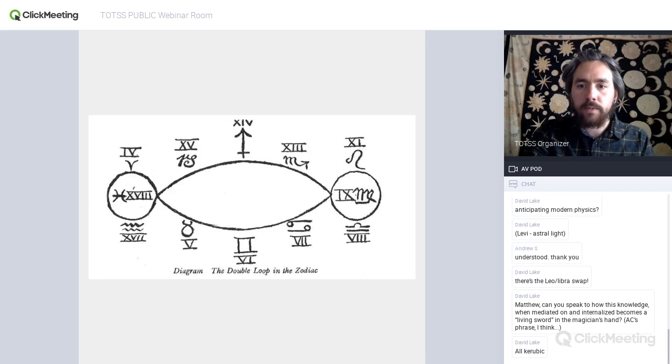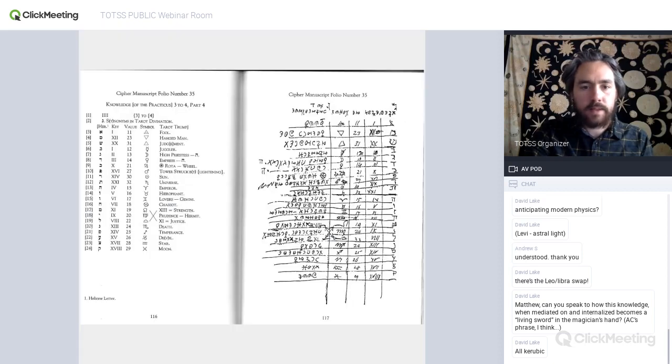If we go back to this layout here, all that's been changed is just how the tarot trumps correspond, but the attributions of the zodiac signs to the letters are the same as in the Sefer Yetzirah.